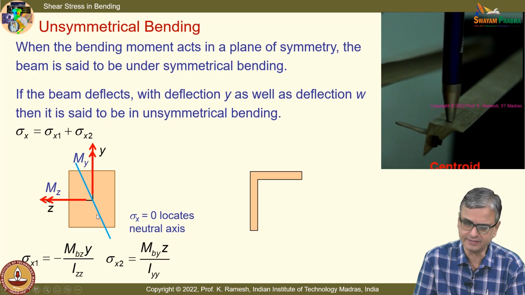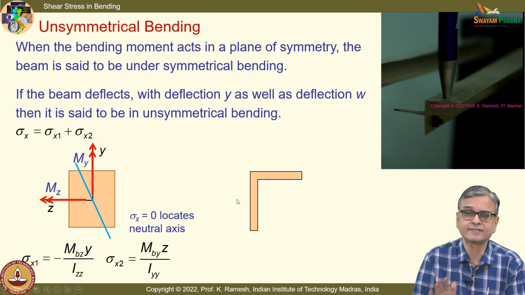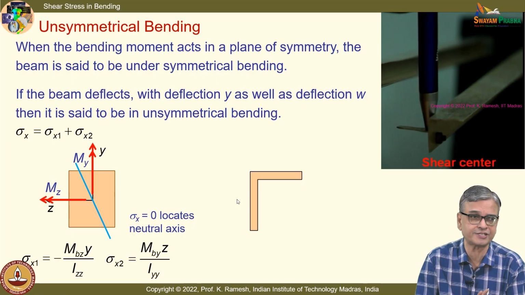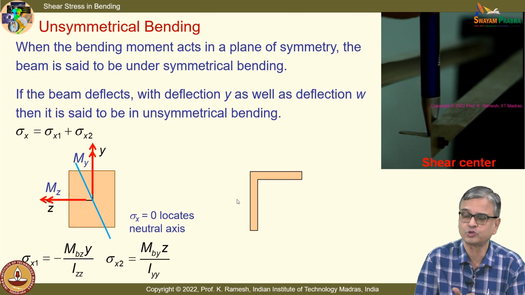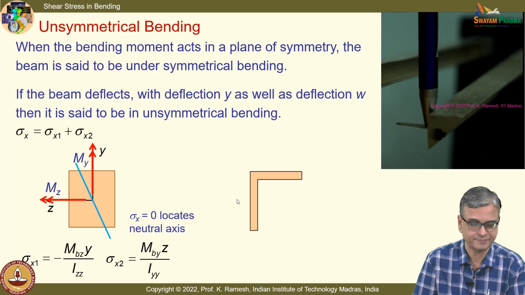It would be something like this, depending on the magnitude. So, a symmetrical cross section subjected to bending moment in two perpendicular directions, like what I have shown here, will have an unsymmetrical bending.